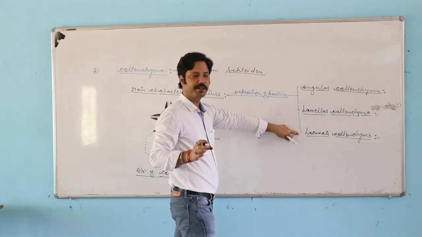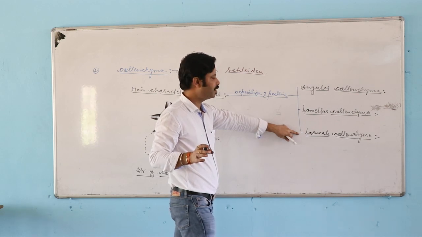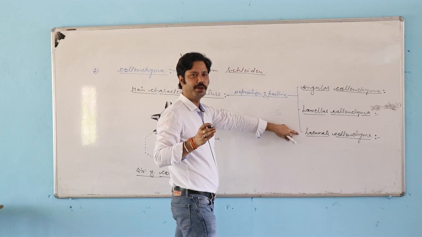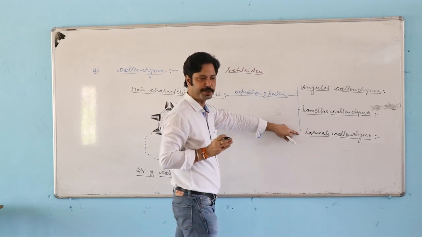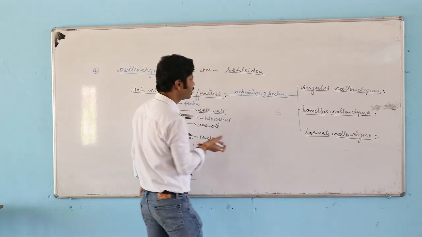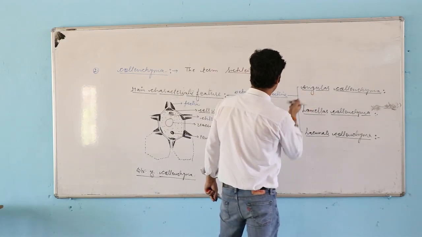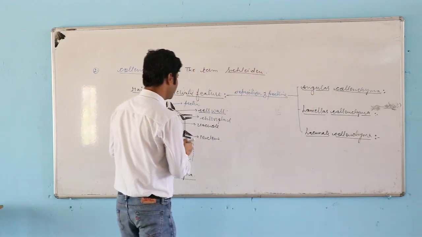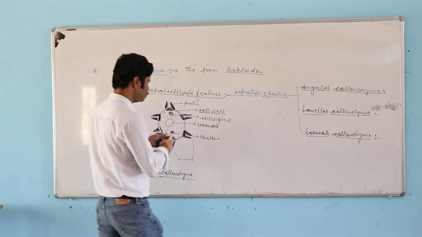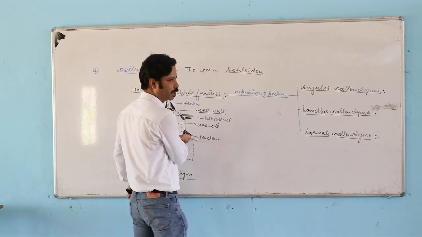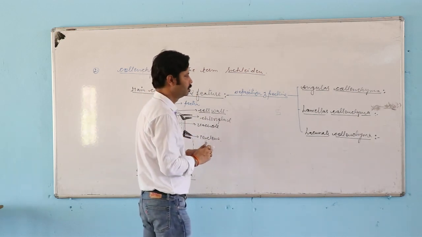And lacunate collenchyma, in this the pectin is deposited on the wall of cells and goes towards the intercellular spaces. Okay, so these are the three types of collenchyma on the basis of pectin. How does it look? Angular collenchyma looks like this. Okay.